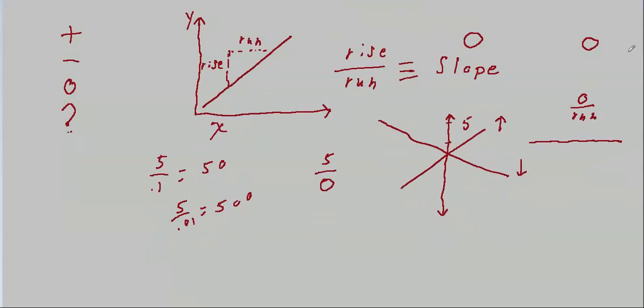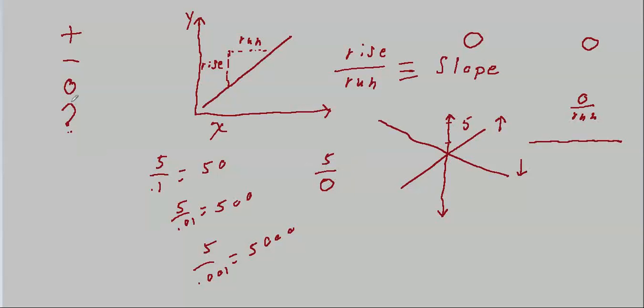And if I have 5 over 0.001, that's 5,000. As this number gets smaller and smaller and smaller, it becomes obvious that the slope just gets bigger and bigger and bigger, until you finally get to 0 when you say, wait a minute, we don't have a number that big, because you can't divide by 0. So if you hear somebody refer to that as infinite, that's what they're talking about. What they're saying is, as this number gets closer and closer to 0, the whole thing gets bigger and bigger and bigger.